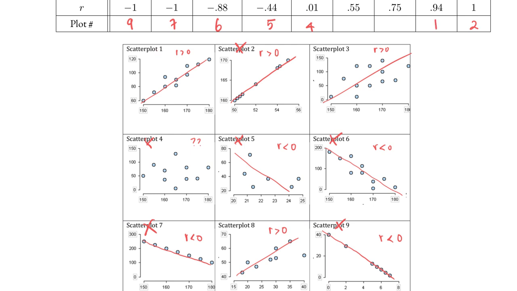It is because scatterplot 1 doesn't seem to have any point that is further away from the line, as opposed to scatterplot 8, where there is a point that is far away from the line, and that point weakens the relationship. And so, the correlation coefficient for the scatterplot 8 would have been 0.75. The last one, scatterplot 3, then would have the correlation coefficient of 0.55.